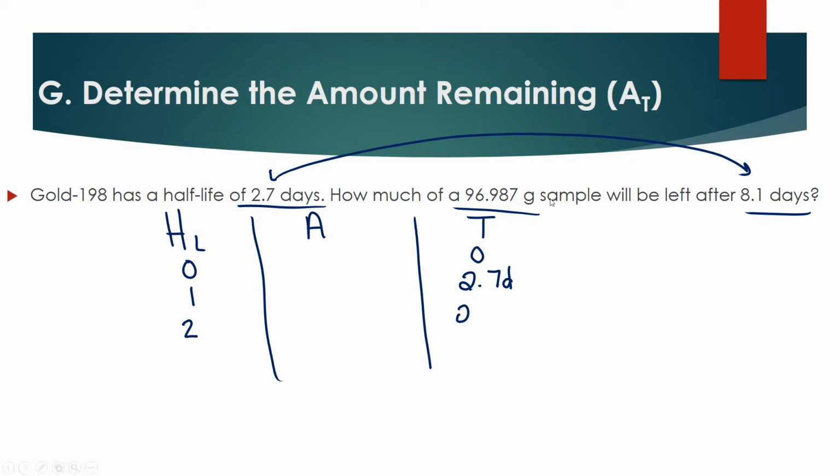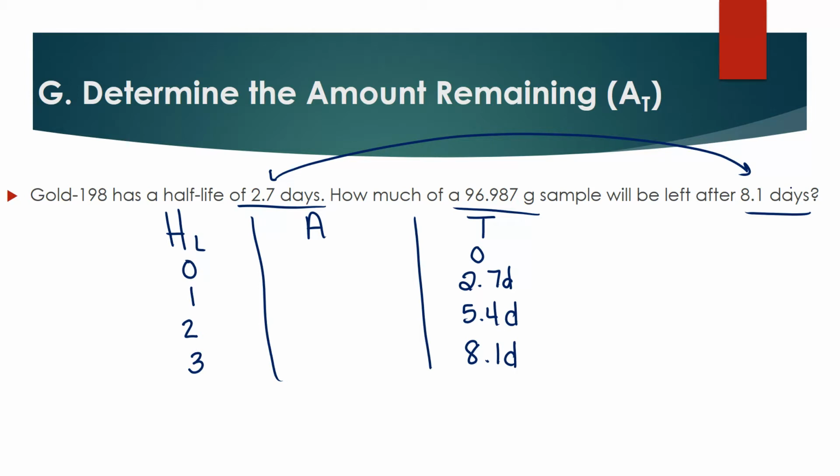When we add that 2.7, we get 5.4. So for our third half-life, we add another 2.7 to it. When we do that, we get 8.1. That's how I know I'm done, because I've reached how much total time has elapsed.